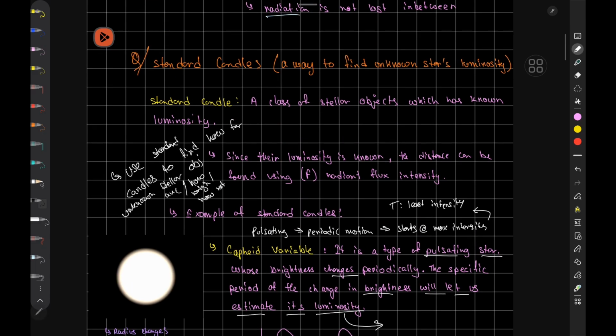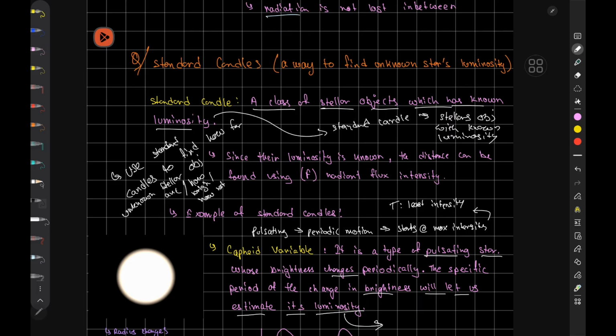In definition, standard candles are a class of stellar objects which have a known luminosity. And this helps us understand the luminosities of things that are far away and how far they are.